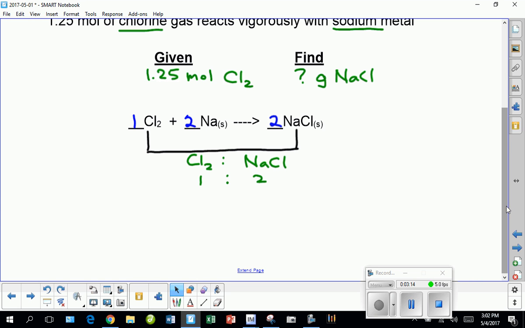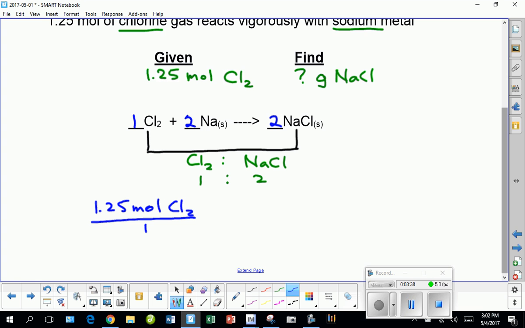Now all we have to do is come up with our calculation. We've still got to go moles to moles, so let's get that started. We start out with what? 1.25 moles of Cl2 over 1.